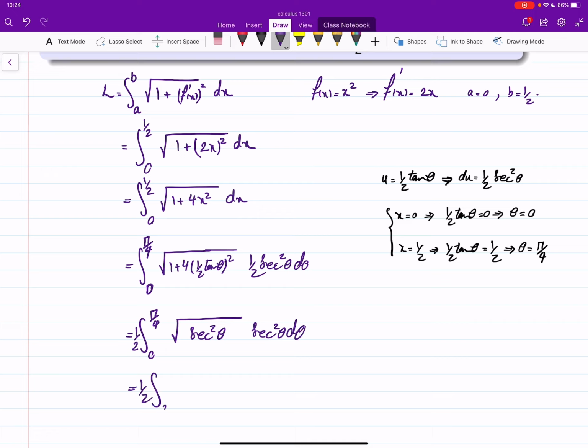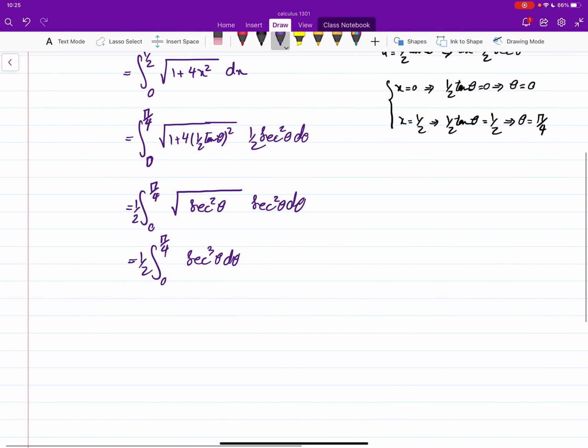Here now, absolute value of secant theta will come out, but since the interval was 0 to pi over 4, secant is positive, so I don't need to keep the absolute value, and I'll drop it, and then I'll get this famous integral that we have evaluated several times.